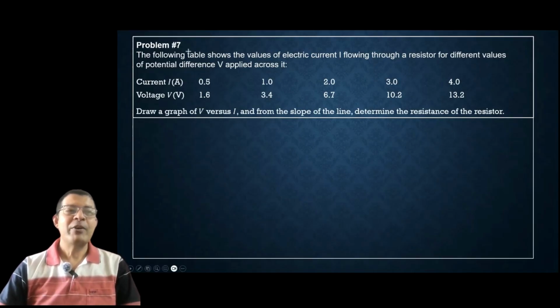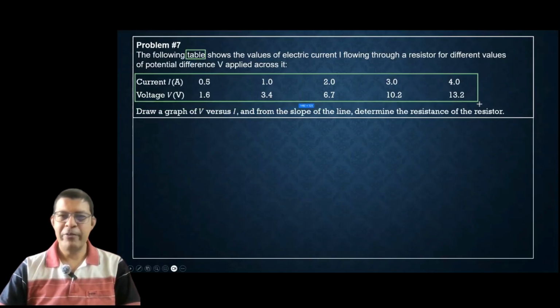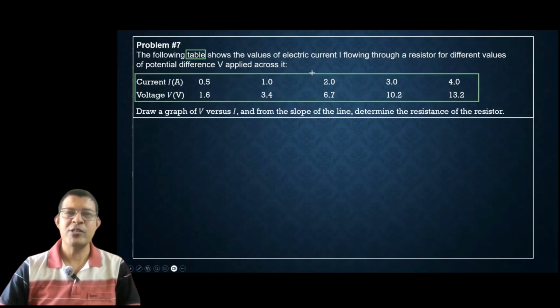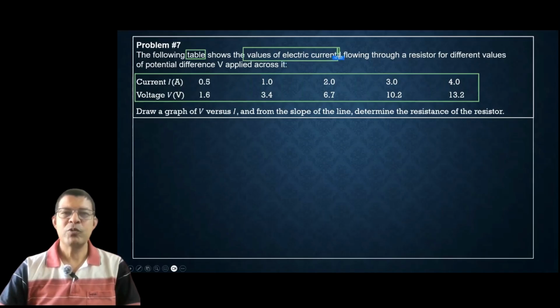So here we have a table. This big table has 5 values, 5 points on the graph. It shows values of electric current I, and how the current changes for each potential difference.